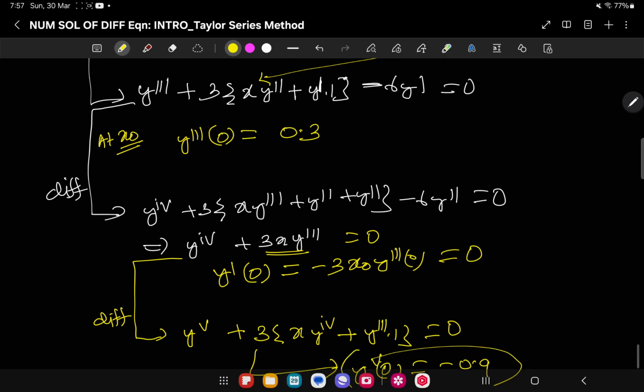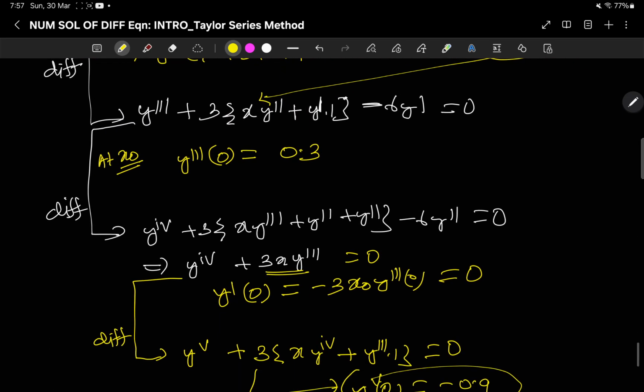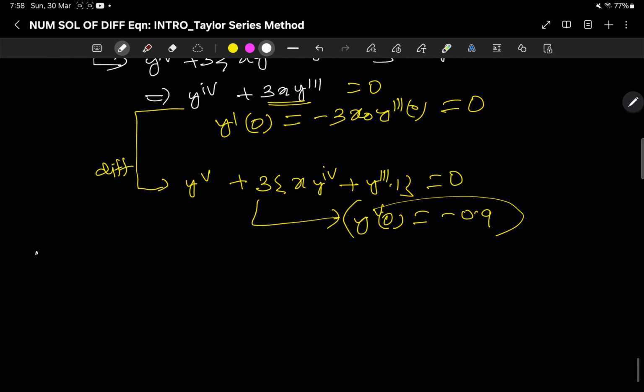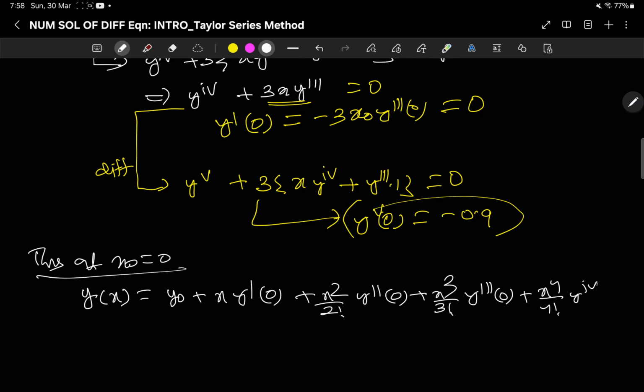Now I substitute all these results here. So therefore, at x0 equal to 0, y of x is equal to y0 plus x y dash 0 plus x square by factorial 2 y double dash 0 plus x cube by factorial 3 y triple dash 0 plus x fourth by factorial 4 y fourth derivative at 0 plus x5 by factorial 5 y fifth derivative at 0.